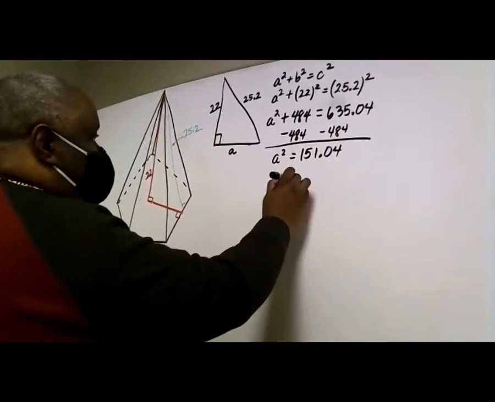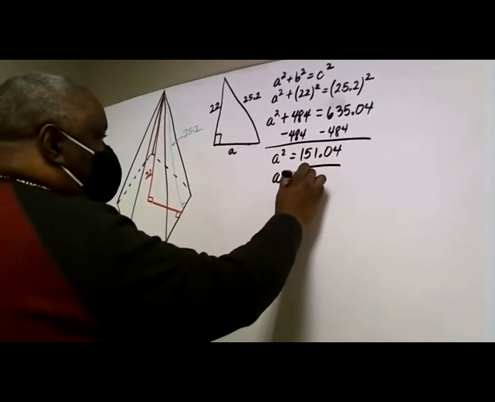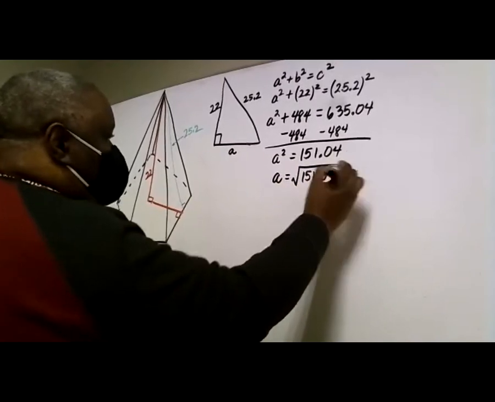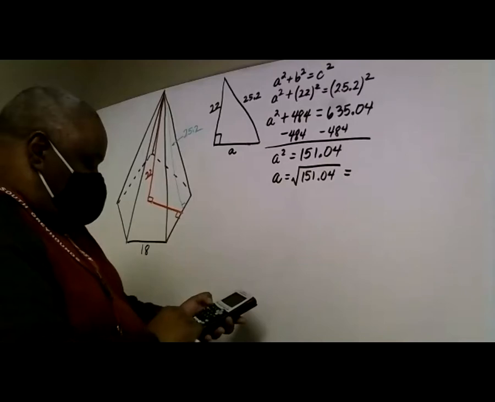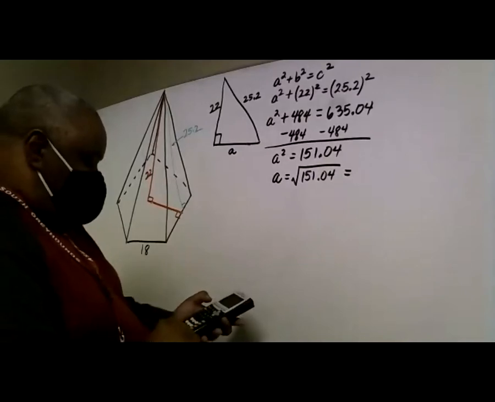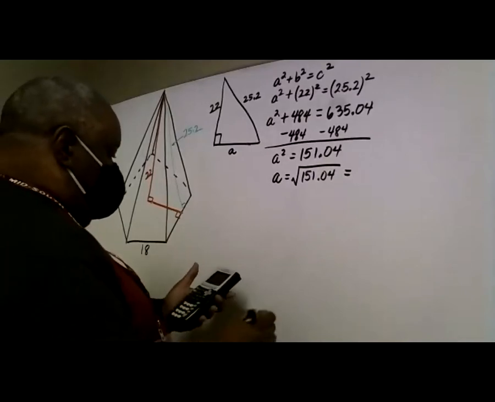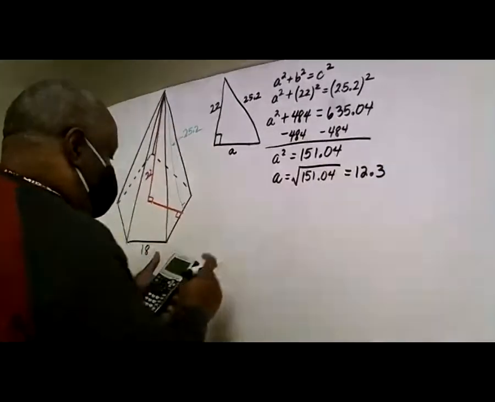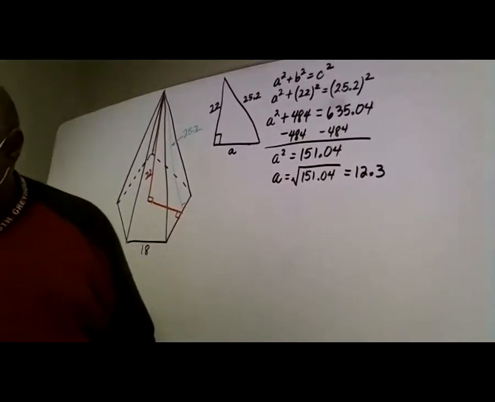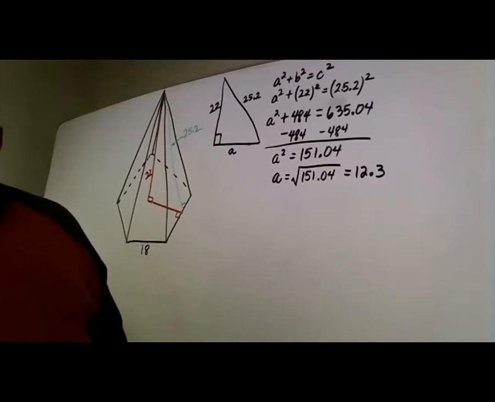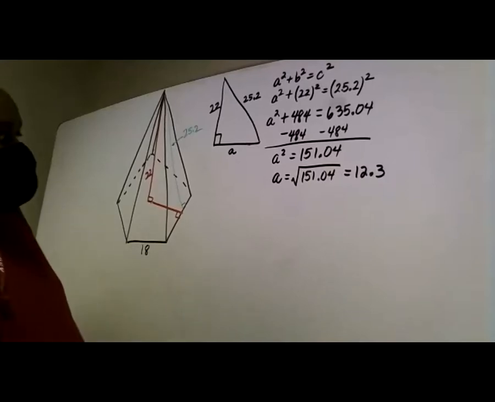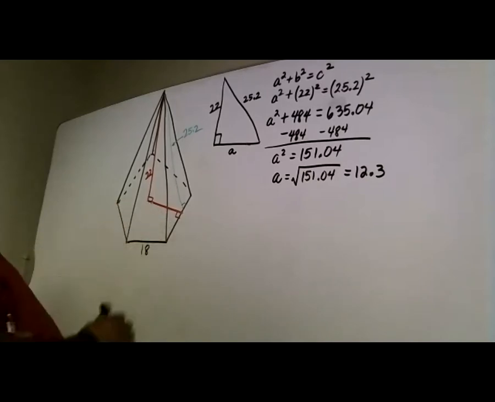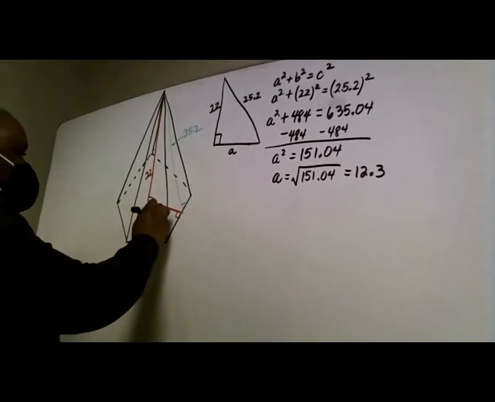And to find out what A is, we take the square root of 151.04. To one decimal place, I'm going to say about 12.3. So that's going to be the length of this apothem right here, 12.3.